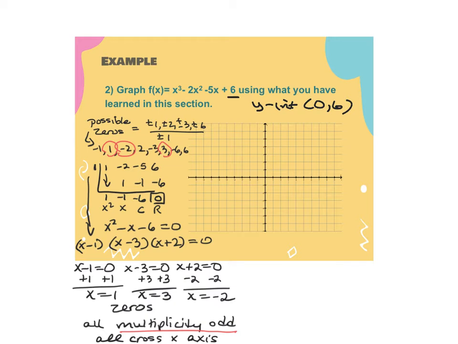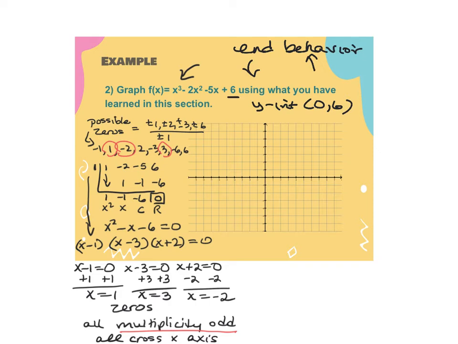This has got an x to the third, so this tells me my end behavior is going to be falling to the left, but rising to the right. And again, be able to put that into words. So now let's graph the 3 zeros and the y-intercept and add in the end behavior.